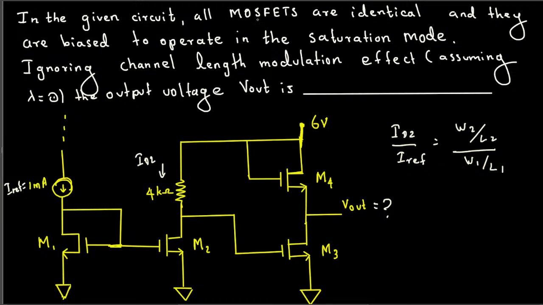And since all of them are identical, it means this ratio is equal. Then this over this is equal to 1, which means ID2 is equal to I reference. So this current must be equal to 1 milliampere as well.